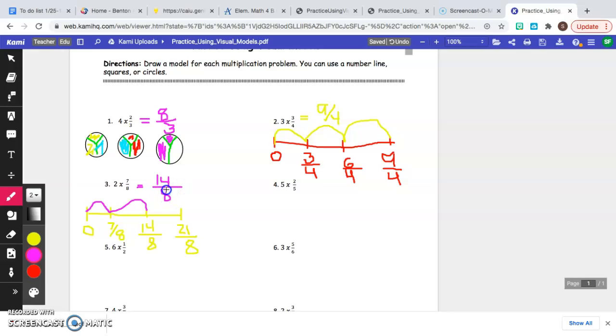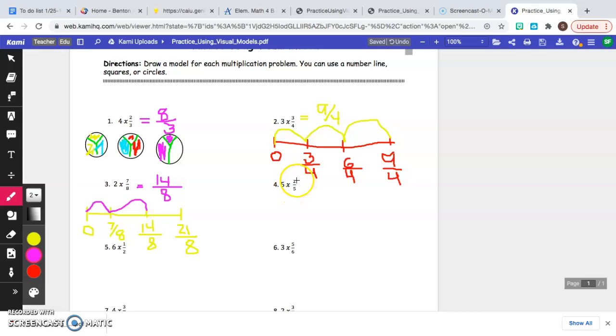All right. Now, like I said, I would like you to kind of draw out the 3 that I did. And if you want to do number lines instead of pictures, or you want to do pictures instead of number lines, that is fine, but just make sure you at least show me a model for 1, 2, and 3. Then the rest, all I expect you to do is take that whole number and find the answer.